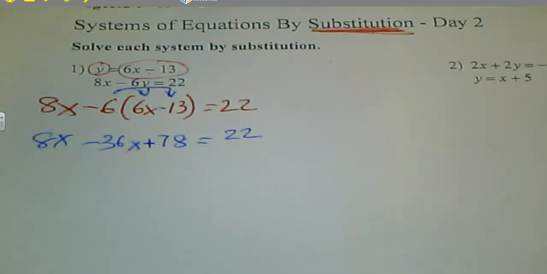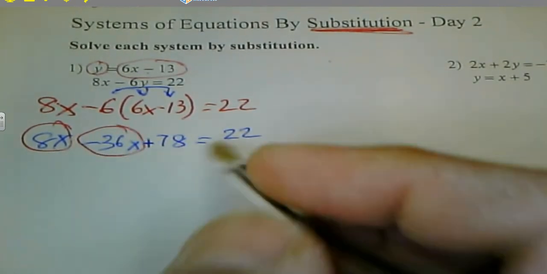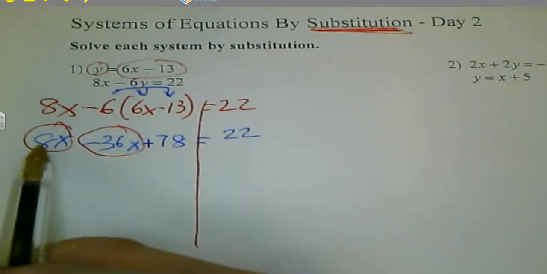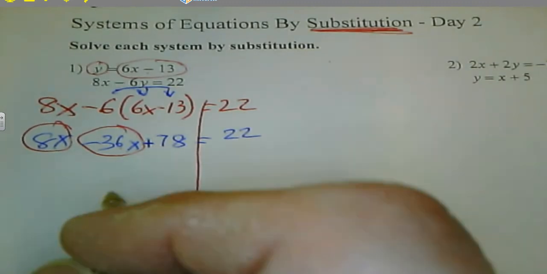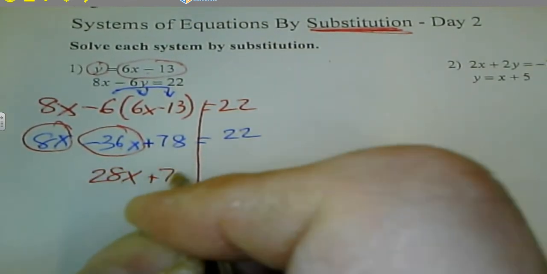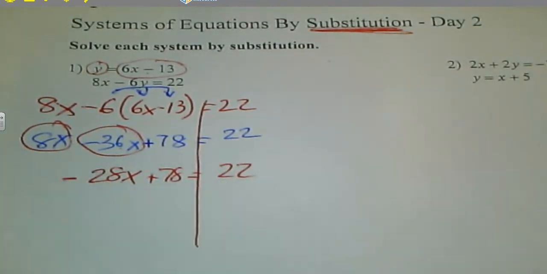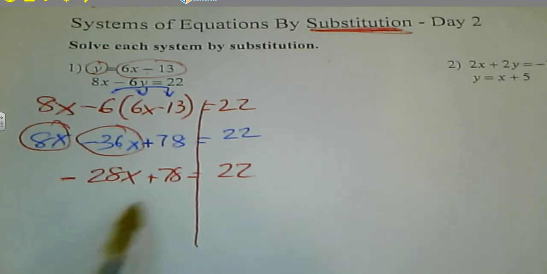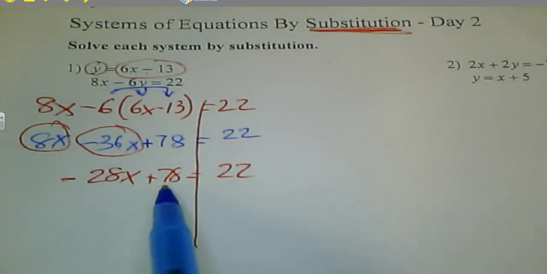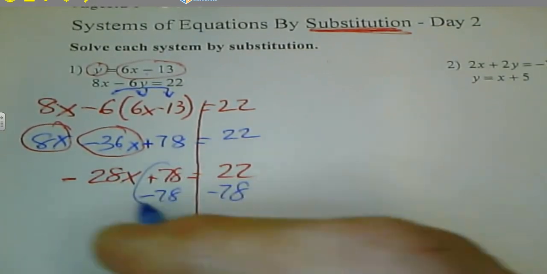And then we're going to combine like terms. So our x's will combine. 8 and negative 36 should be negative 28x plus 78 equals 22. We have something added to the variable. That's the 78, so we'll subtract the 78 from both sides of the equation.